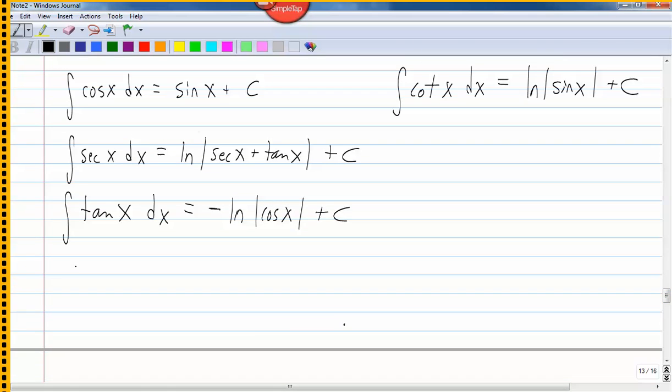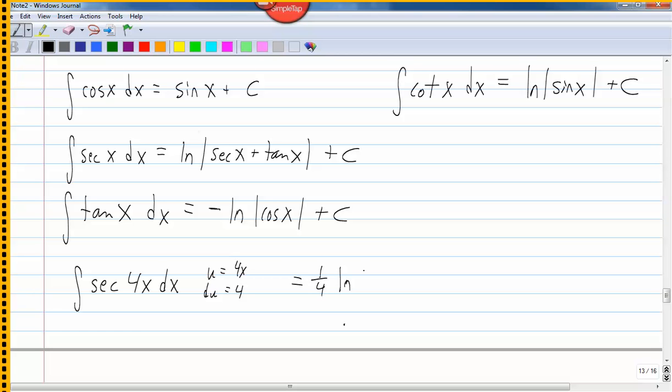Okay, so say that I wanted to find the integral of the secant of 4x dx. What's the u? 4x. What's the du? 4. So I need to bring out a 1/4.